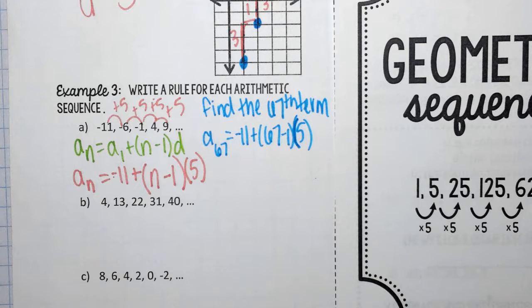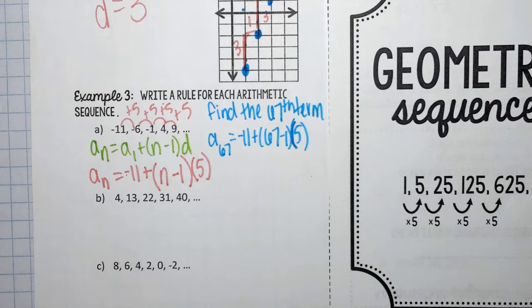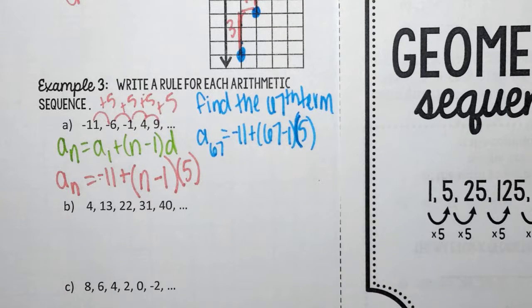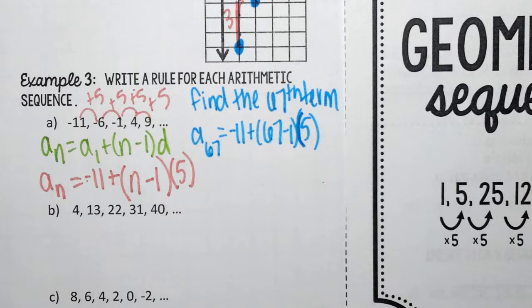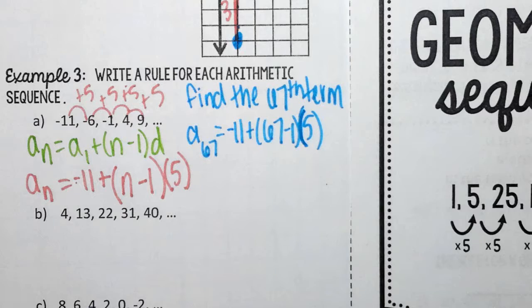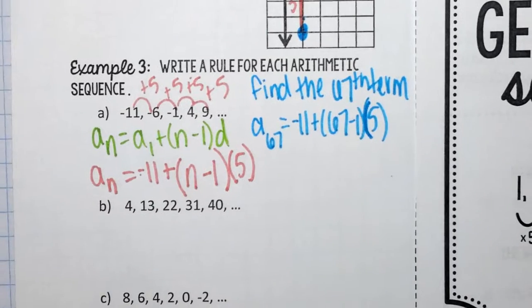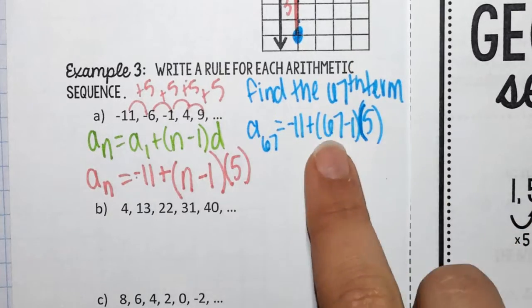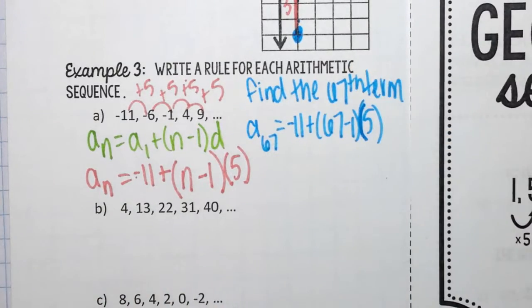Now you have to simplify it. Do I need to zoom in for anybody? No. I will zoom just a little bit just to be safe. Can you see? Okay. Is that better? Much better? Okay. All right, so now what you're going to do is 67 minus 1.